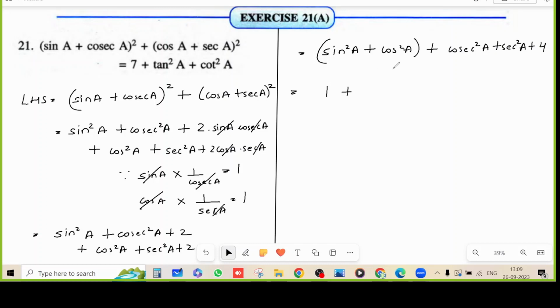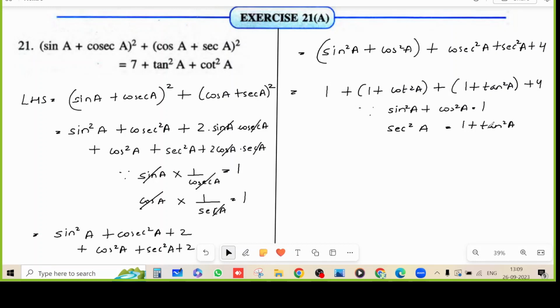So we can write it as 1, and cosec square A can be written as 1 plus cot square A. Similarly, sec square A can be written as 1 plus tan square A, plus 4. The identities that we have used are sin square A plus cos square A is equal to 1, sec square A is equal to 1 plus tan square A, and cosec square A is equal to 1 plus cot square A.